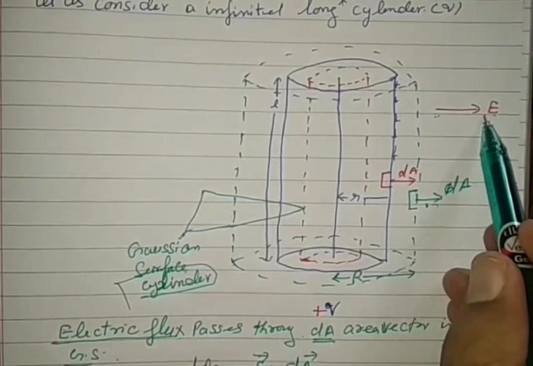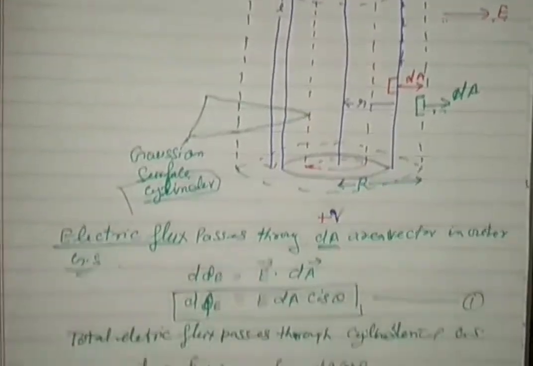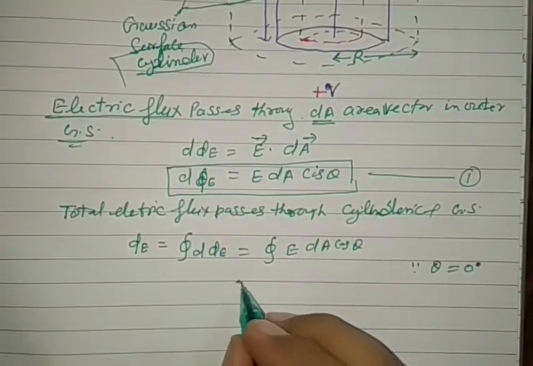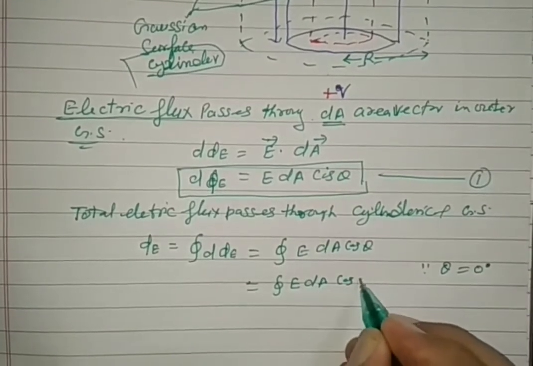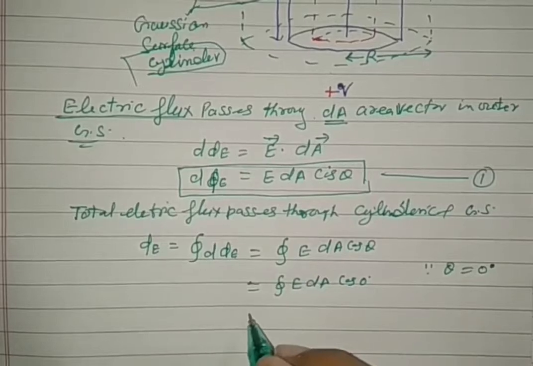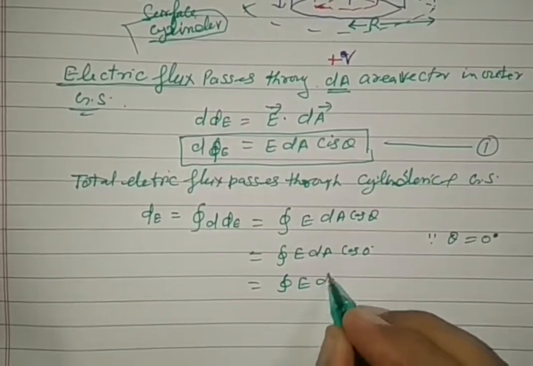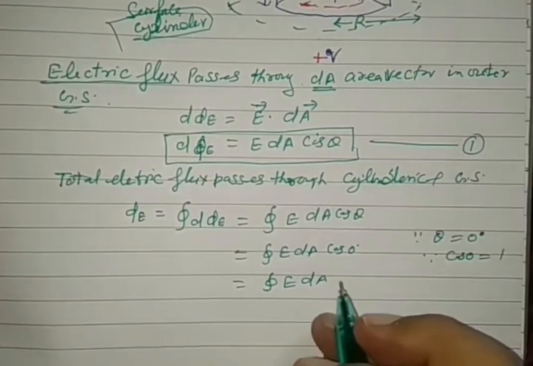That is why the electric field is in this direction. So the area vector and the field are both in the same direction. This implies that theta is 0 degrees. So it is E dA cos 0 degree. Now cos 0 is 1, so it becomes E dA.